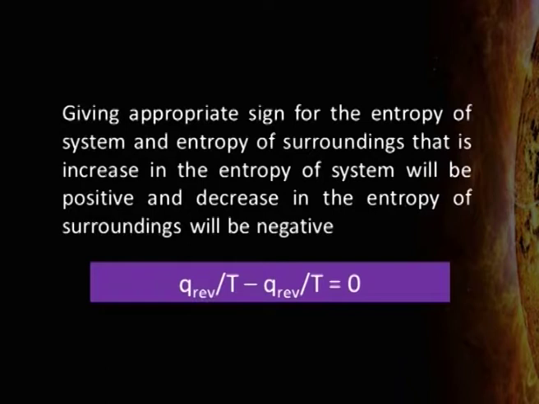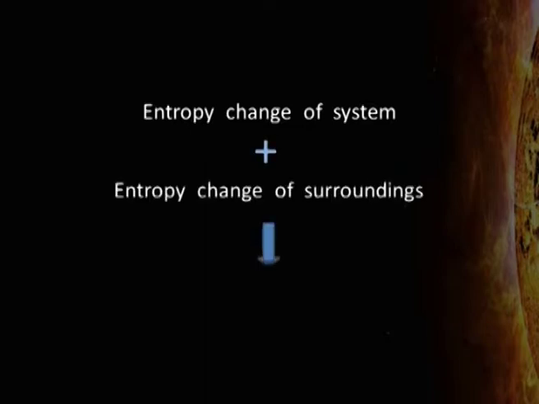This is the entropy of the universe, that is, surroundings and system taken together. Therefore, for a reversible process, the entropy change of the universe, that is, the entropy change of system plus the entropy change of surroundings, will be equal to 0.